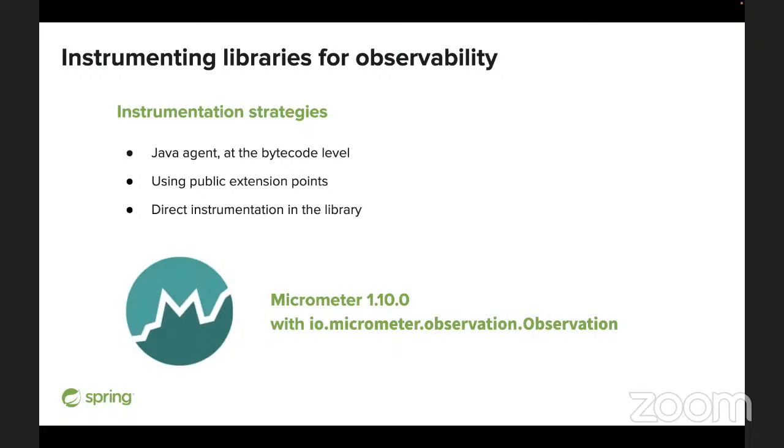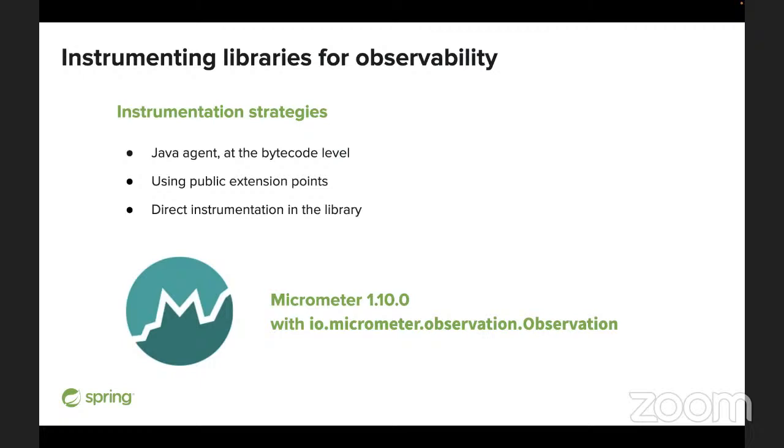There are mainly 3 ways that you can observe or instrument your application. And I've got the lead of Micrometer here, so I'm afraid I'm going to say something stupid. So there are 3 things. You can use a Java agent, right? You look at manipulating the bytecode and having the agent provide metrics and traces for your code.